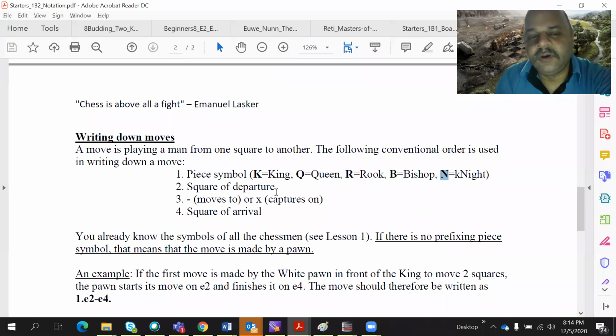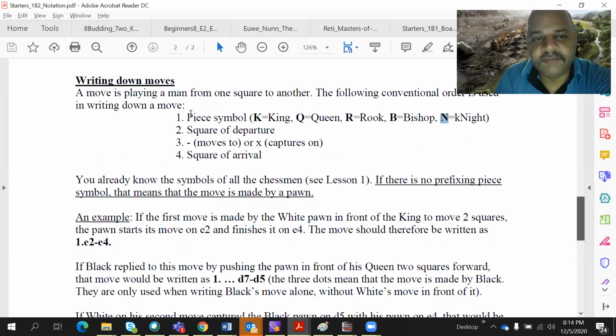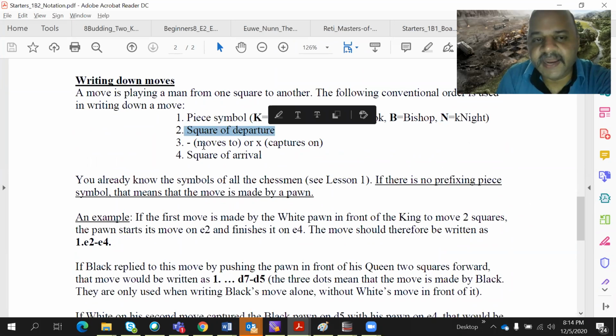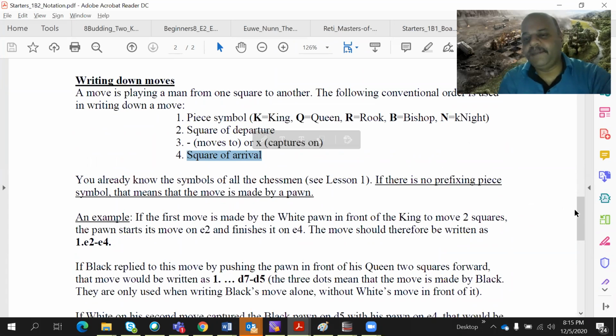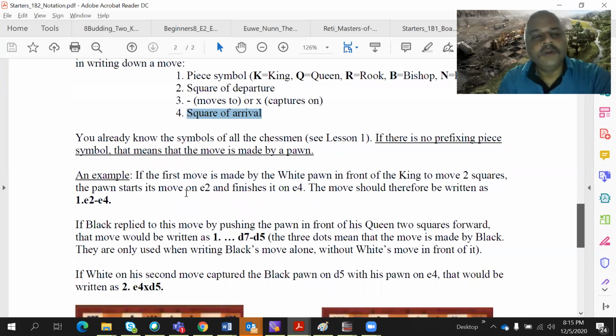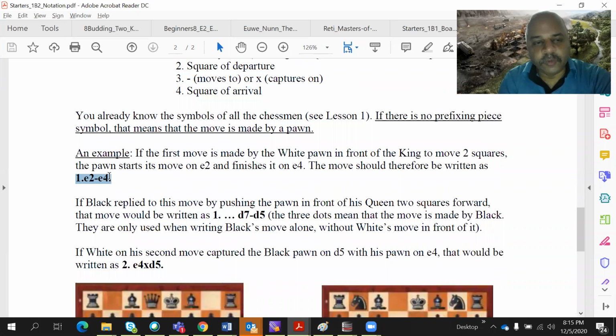So how are the moves written? There is a symbol for the piece which is moving. You write the square from which it is starting, and the square where it is arriving, with a dash in between. For example, the first move e2 to e4.